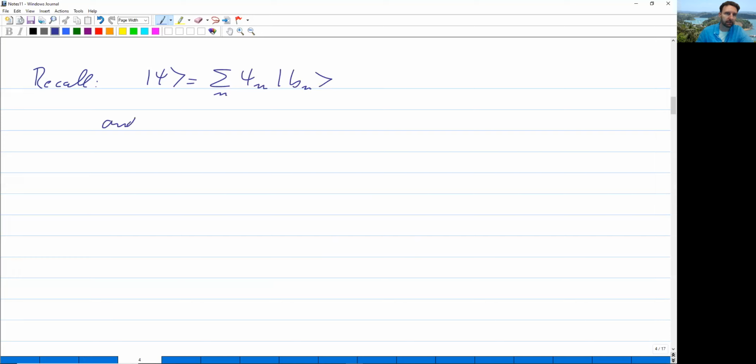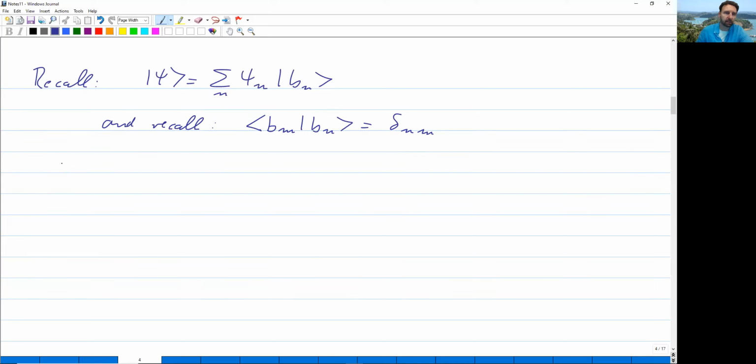And recall that these basis vectors are orthonormal. So we have the inner product of Bm and Bn is delta n m by assumption.